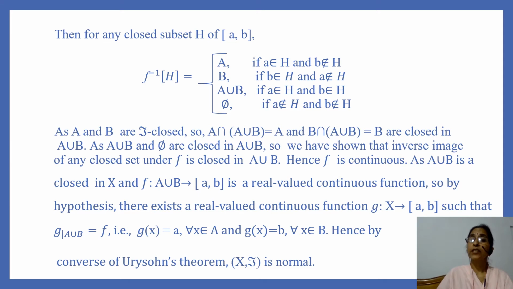Why? Because there does not exist any element in A union B whose image is other than a and b. And so here we have phi.